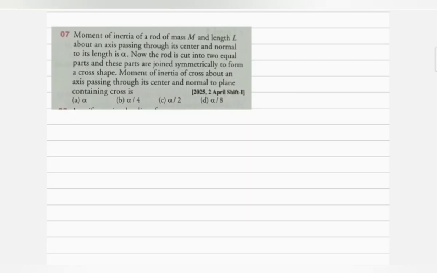Moment of inertia of a rod of mass m and length L about an axis passing through its center and normal to its length is alpha. Now the rod is cut into two equal parts, and these parts are joined symmetrically to form a cross shape.